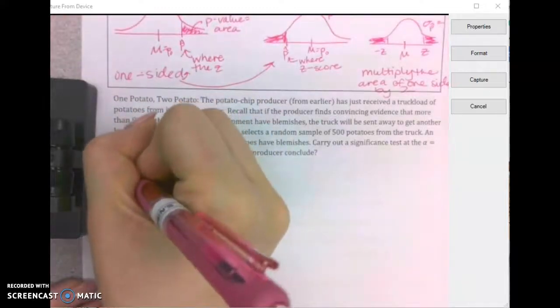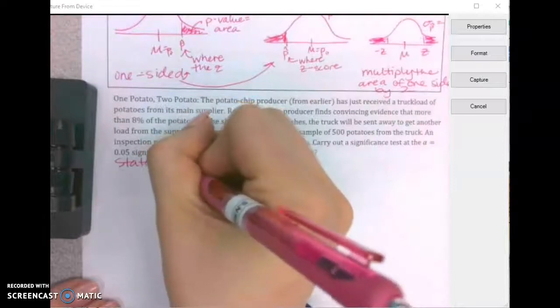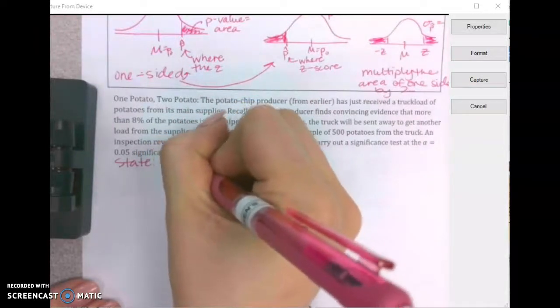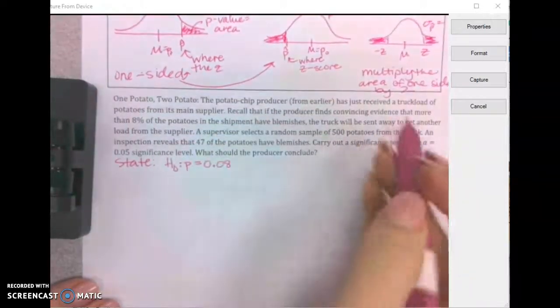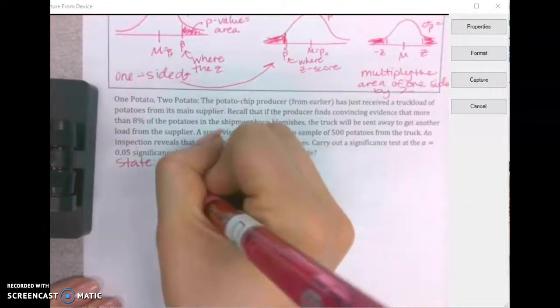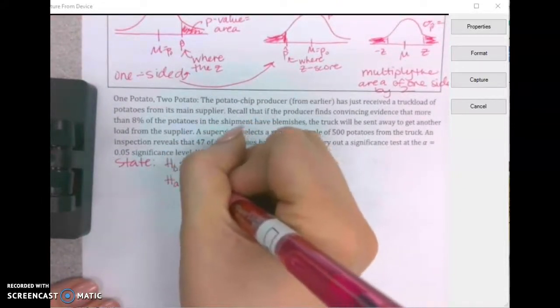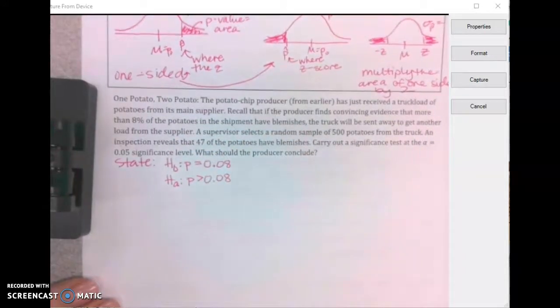So, the first thing we're going to do in our 4-step process, so we have to state. So our H sub O is going to be P equals 0.08, because this is our null hypothesis. Our alternative hypothesis, we'll send them away if it's greater than 0.08. Okay?